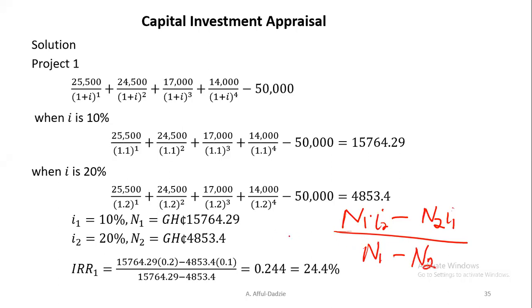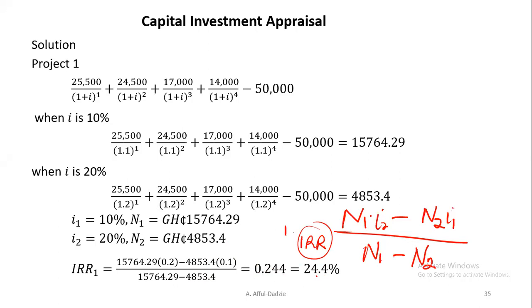When we solve it, we have 0.244, which is the same as 24.4%. So 24.4% is the internal rate of return for project one.